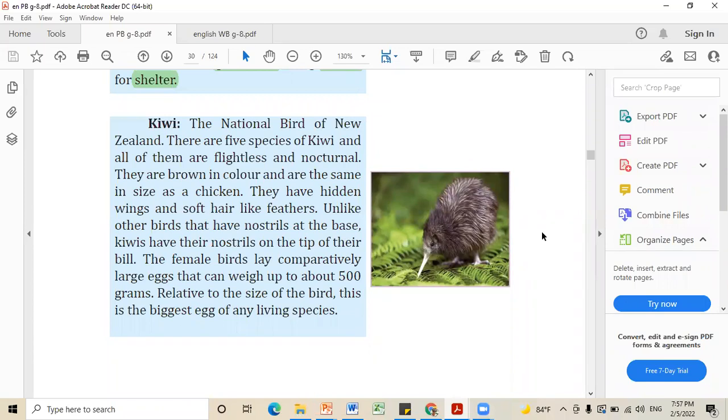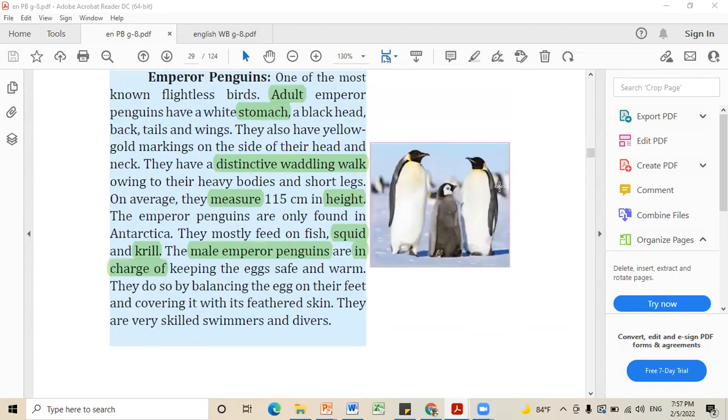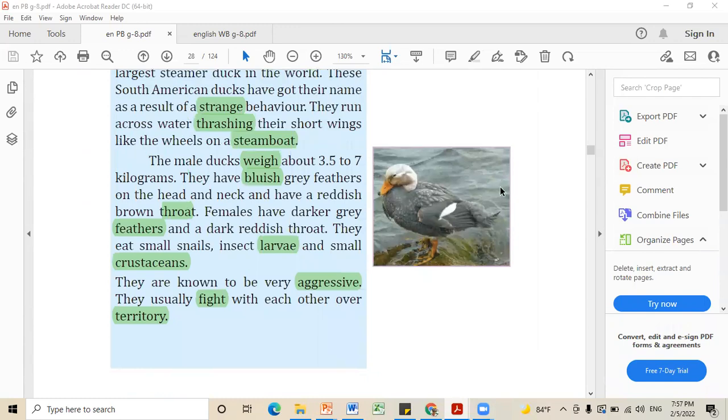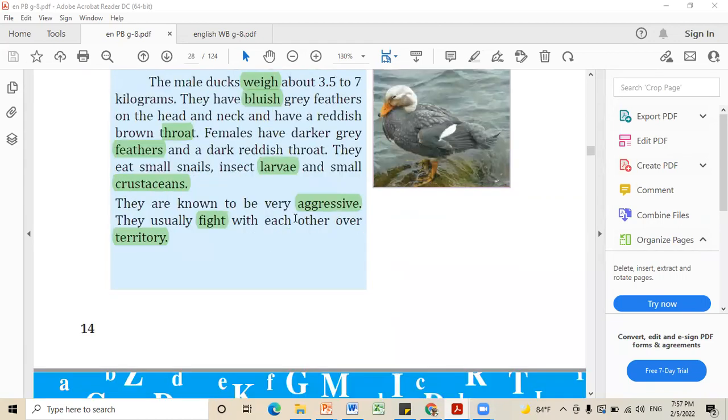Right. So since Janit is joining today, I will just explain this. I think I did a little bit of this activity with Hirosha. We are now doing it in your grade 8 pupils book, in unit 2, activity 2.3, on page number 14.